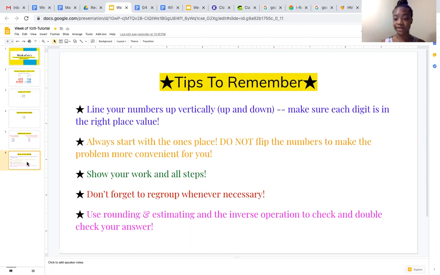Always start with the ones place. Do not flip numbers just to make them convenient or easier for you. Show your work in all steps. Don't forget to regroup whenever necessary. And finally, to check your work, use rounding and estimating or the inverse operation to check and double check your answer.